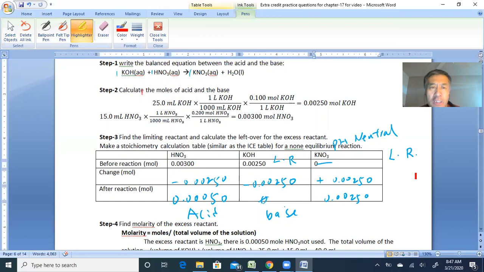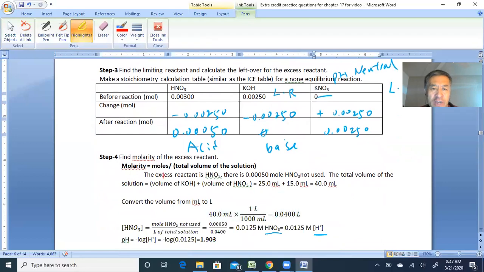All right. So therefore, we have this many moles of the acid after the reaction, which is the excess or leftover. We have this many moles of the salt produced, which is pH neutral. And LR is for limiting reactant. So LR, KOH, becomes 0.